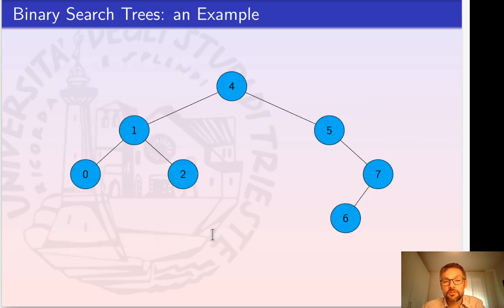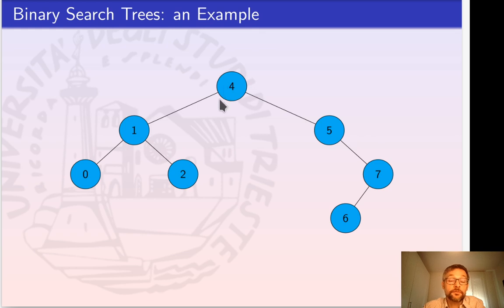Great. So once we have a binary search tree, we can easily implement an in-order visit. So what's a visit? A visit for a tree is simply a procedure which goes through all the nodes in a specific order.